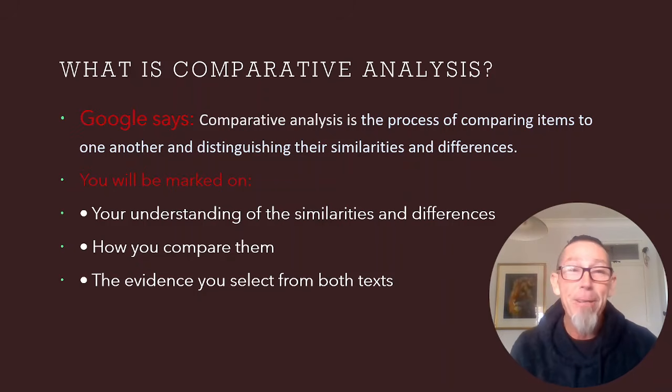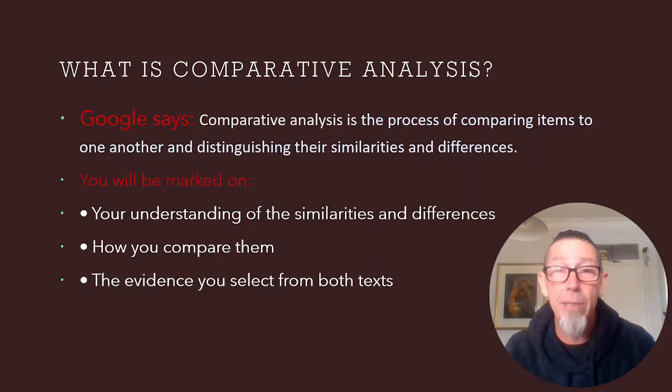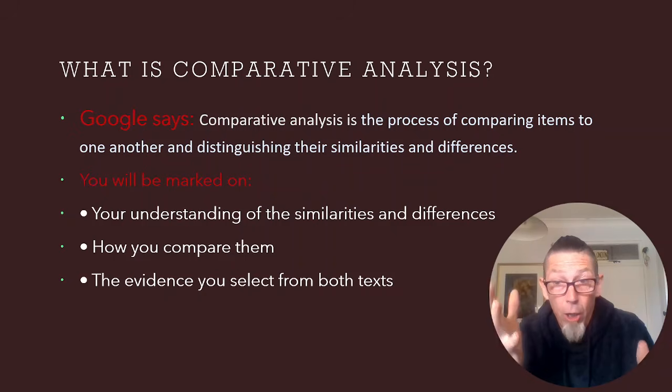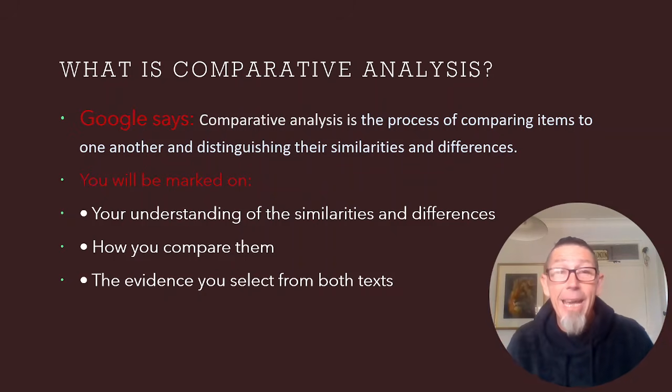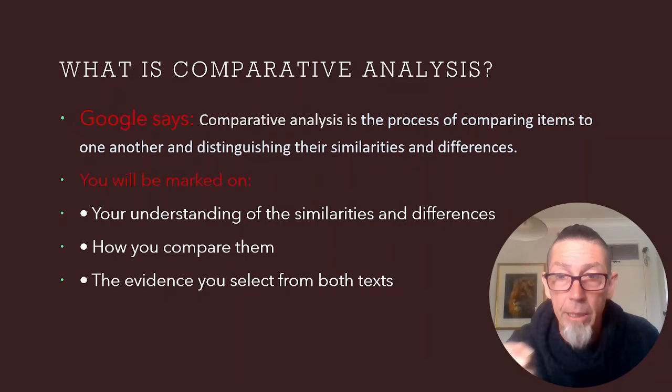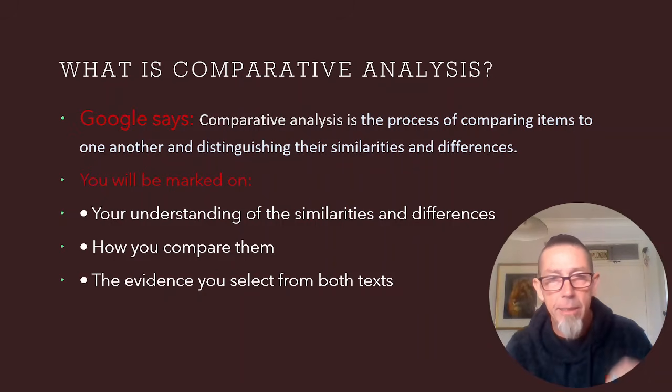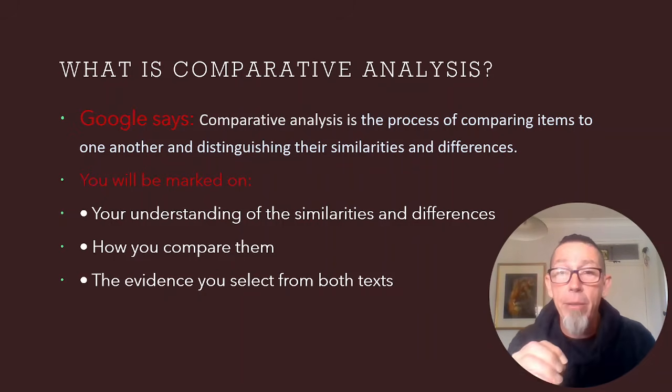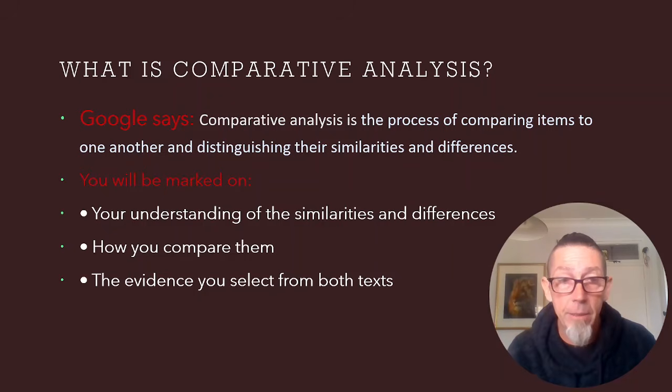Comparative analysis is the process of comparing items to one another. So comparing one to the other and distinguishing, being precise like Teacher Adna says, distinguishing the similarities and the differences.